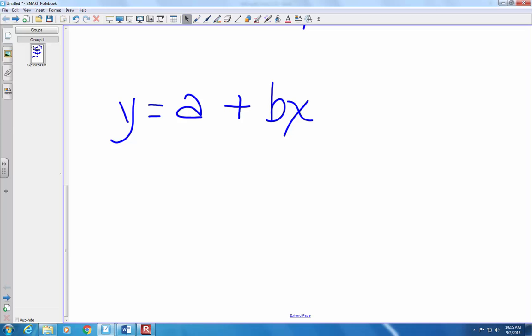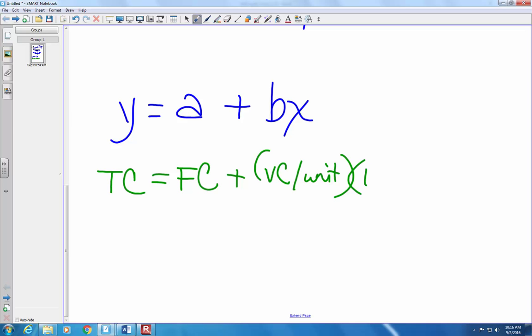Converting this to our concepts, Y is our total cost, equal to our fixed cost plus variable cost per unit times number of units. So this is B and that is X, right?